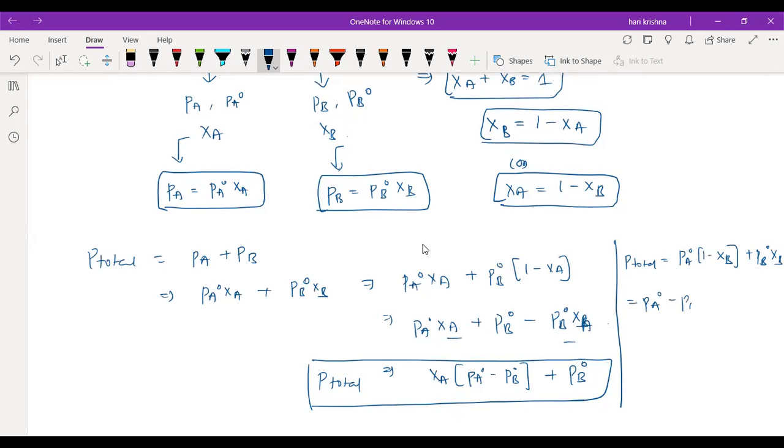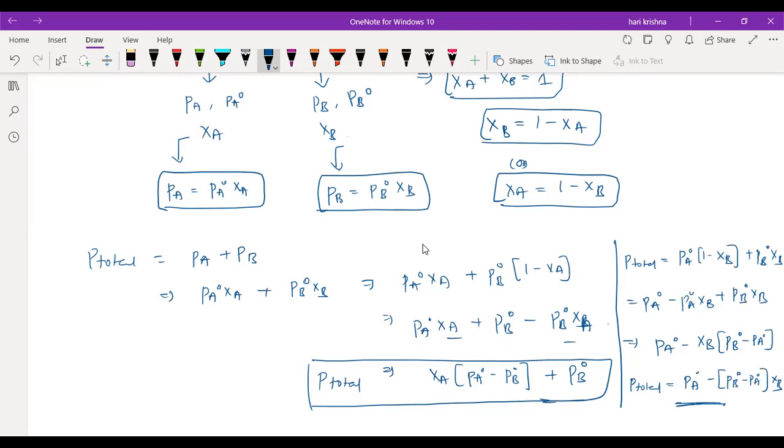PA naught minus PA naught XB plus PB naught XB. Now XB is common. So PA naught plus PB naught minus PA naught into XB. One more formula.